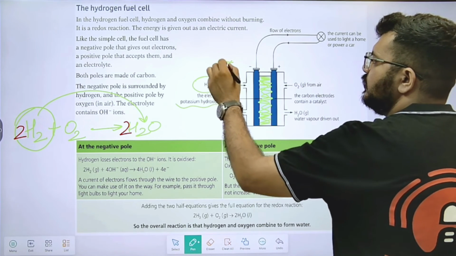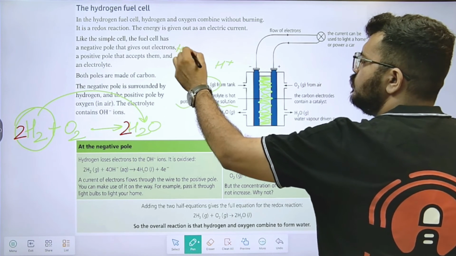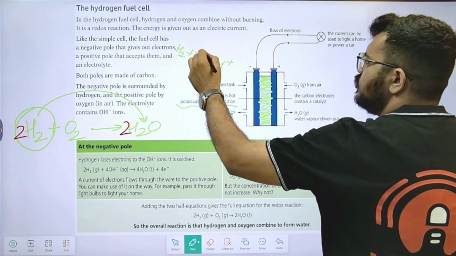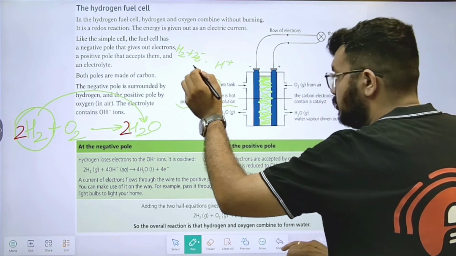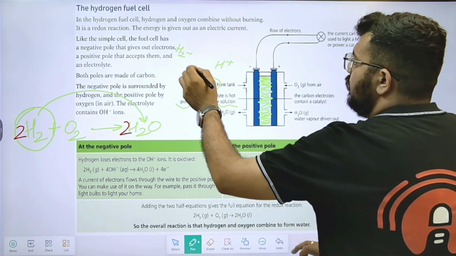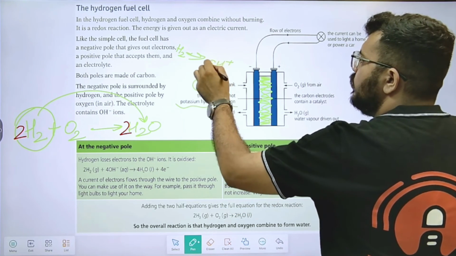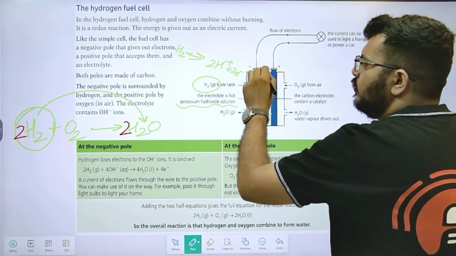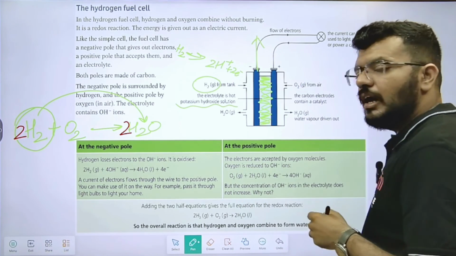H2 becomes H plus, and 2 electrons are given off. These 2 electrons travel in the outer circuit.